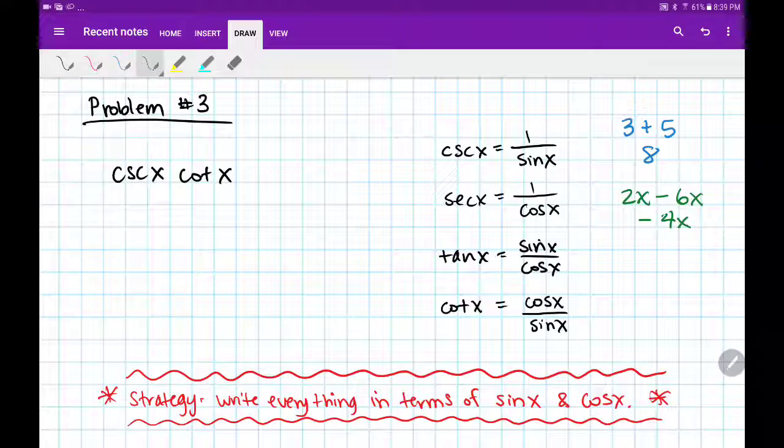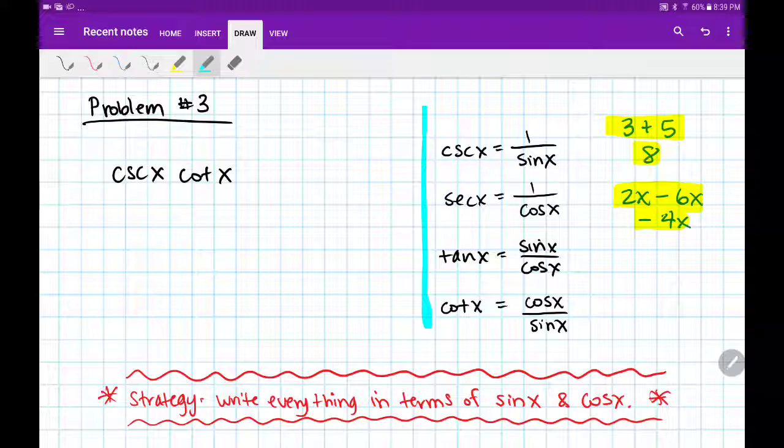So simplify just means, hey, take this unnecessarily complex expression and simplify it. Make it easier to read. So we're going to do the same thing here with our trig identities using the definitions that we just learned.